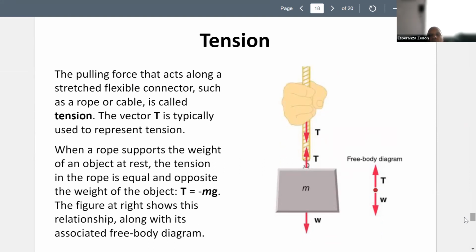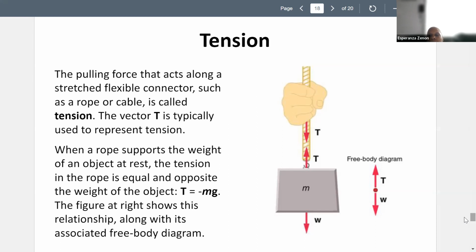It's important to know the terminology and the appropriate symbols to use, so that when you draw a free body diagram like the one on the right, you adequately represent the forces being exerted on an object. In this particular case, they took that whole block that has a mass of M and condensed it down to that dot.